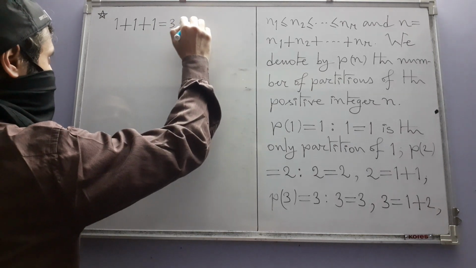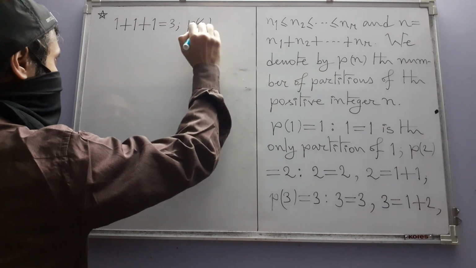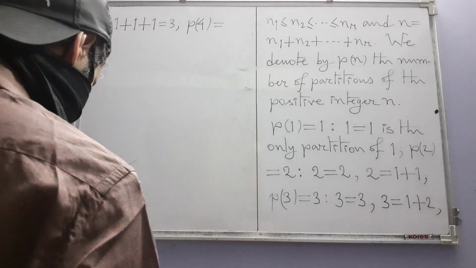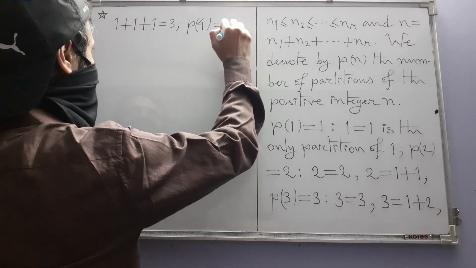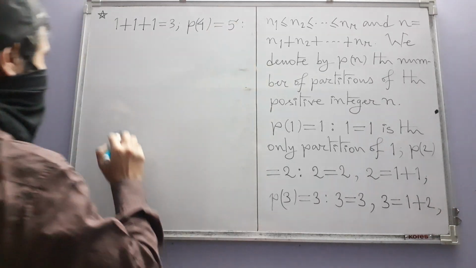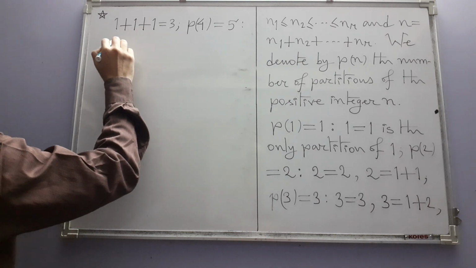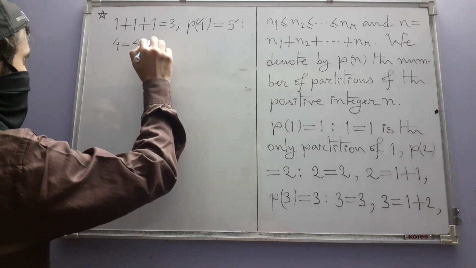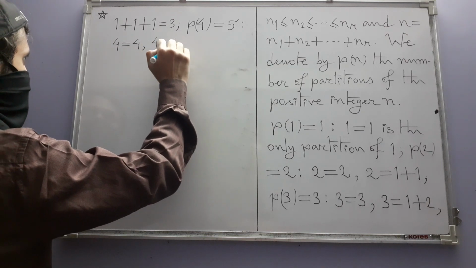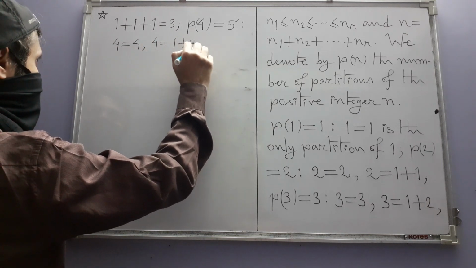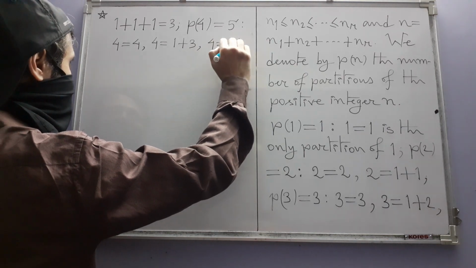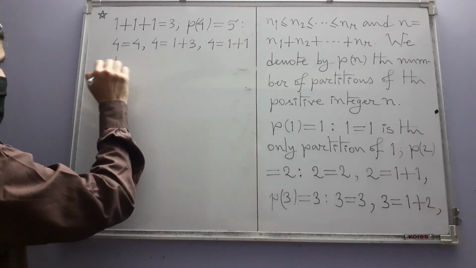Then P of 4. P of 4 I think is 5, yes. And in this case, the partitions are 4 equal to 4, then 4 equal to 1 plus 3, 4 equal to 1 plus 1 plus 2.